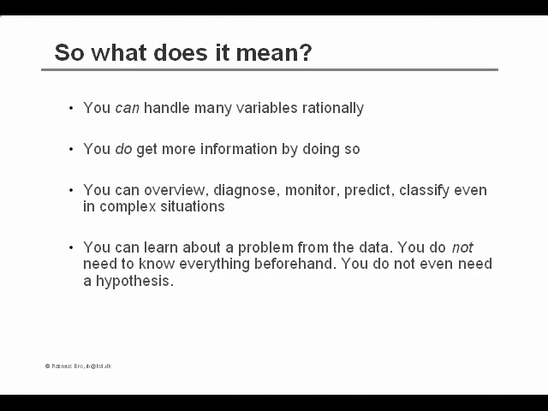And it also means that you can learn about a problem from data describing the problem. You do not need to know everything beforehand, and in the extremest case, you do not even need to have a hypothesis. If you have data that describes a problem, you can look into those and see if there's any useful information about your problem.